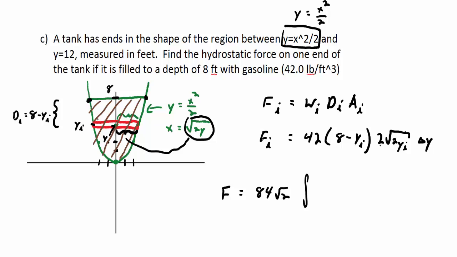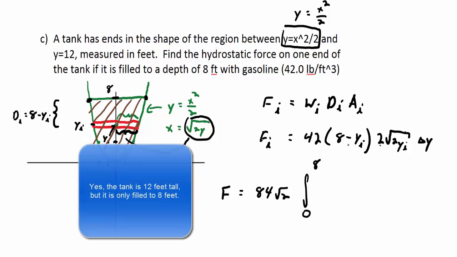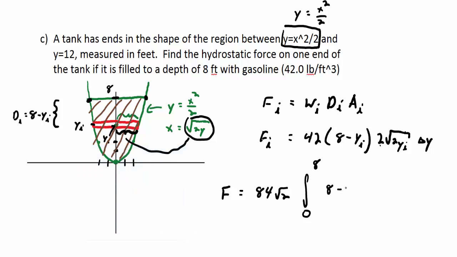This side of this tank ranges height-wise from 0 to 8. And then what goes inside? 8 minus y. What else? Square root of just y, because I pulled out the square root of 2 part of that. And then what else? dy.